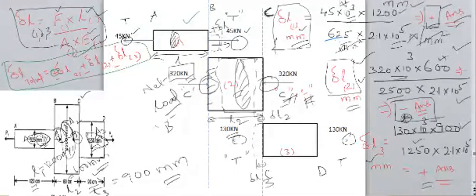The second one is compressive, so I take it as negative, and the third one is again tensile, therefore positive. So please do the problem with a calculator. I need the answer of the delta L total.